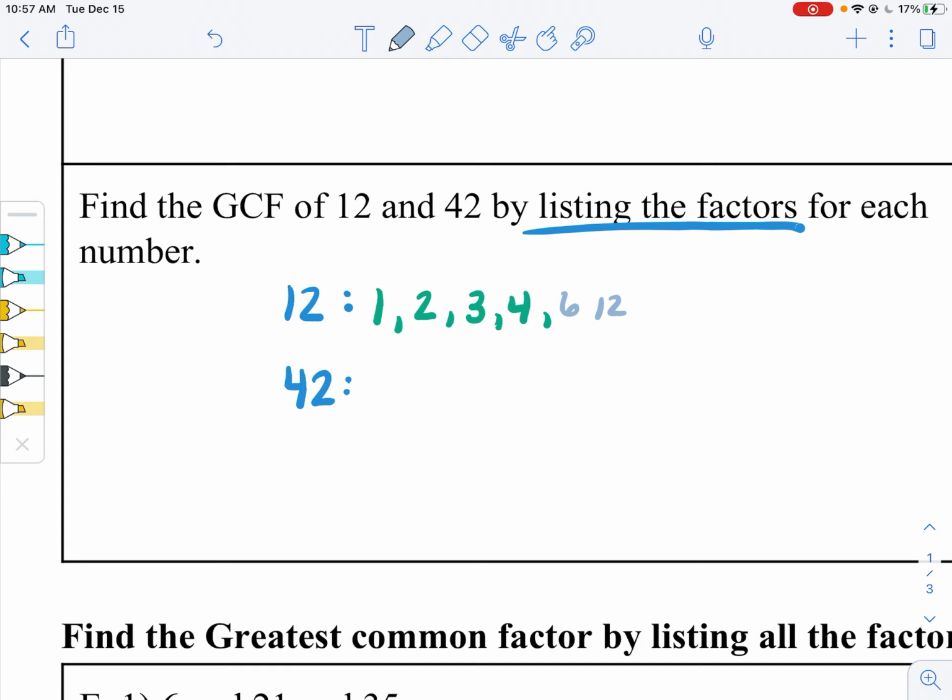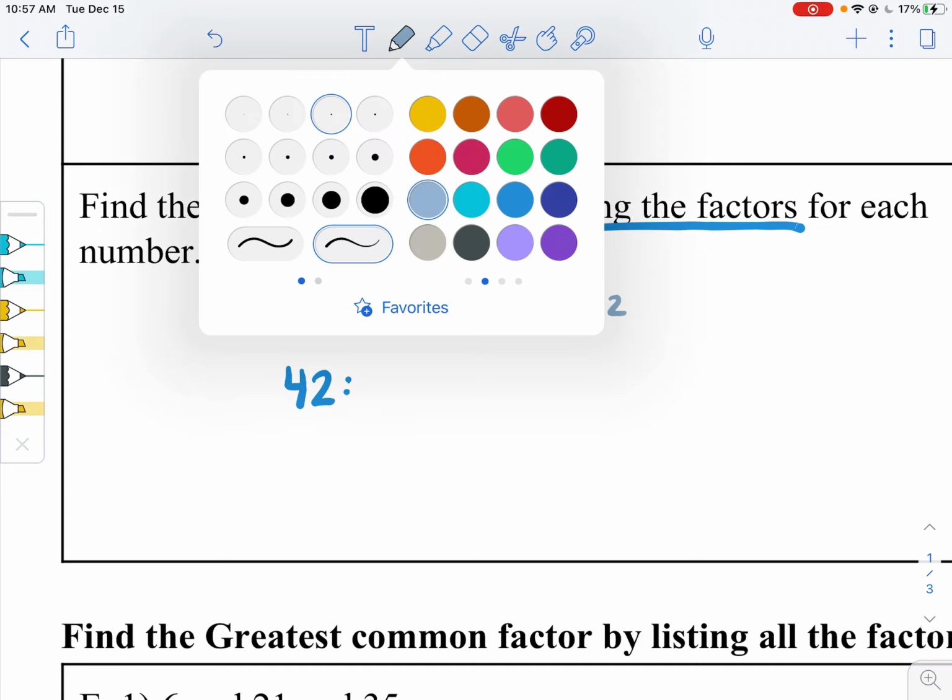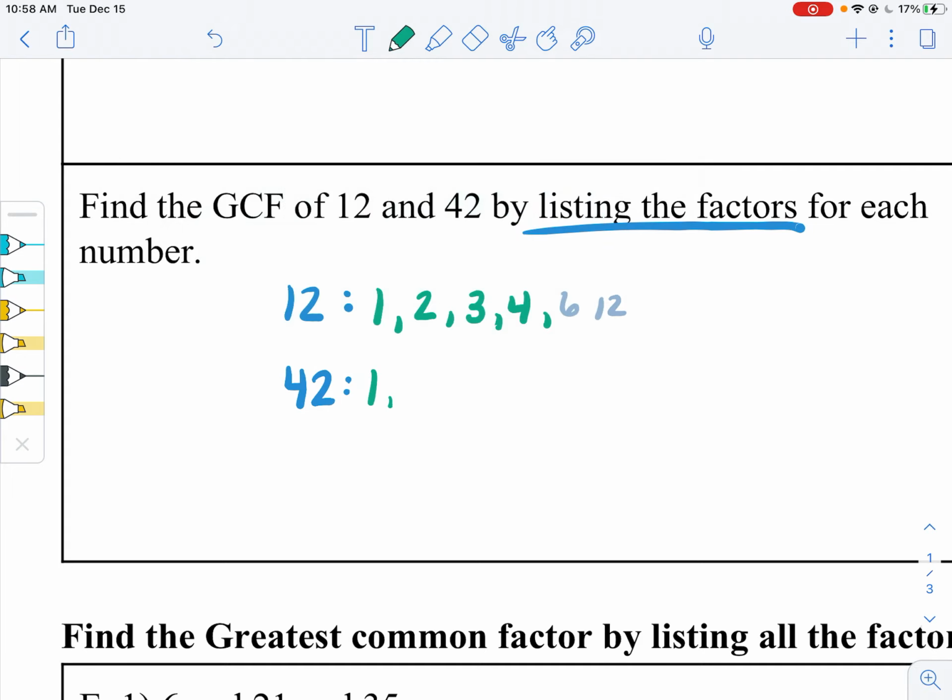All right, and then 42, we're going to do the same thing. Well, I know 1, and I know 2 because it's even. 3. How do I know if 3 goes into 42? Well, we have our divisibility rules. 4 plus 2 is 6. If we add our digits and see if that's divisible by 3, 6 is divisible by 3, so is 42.